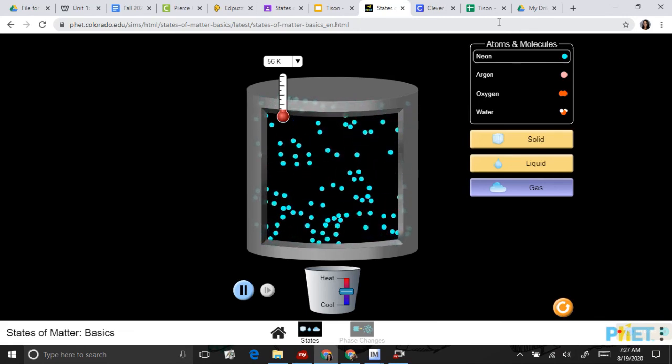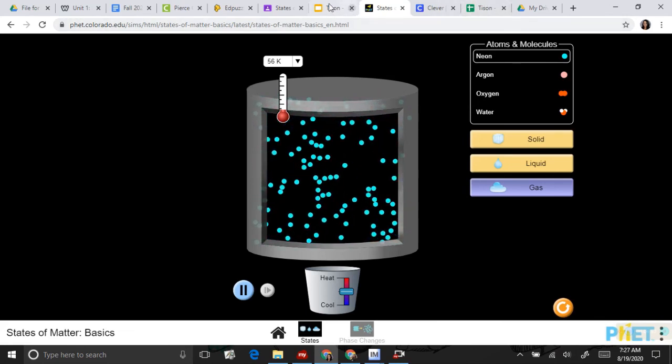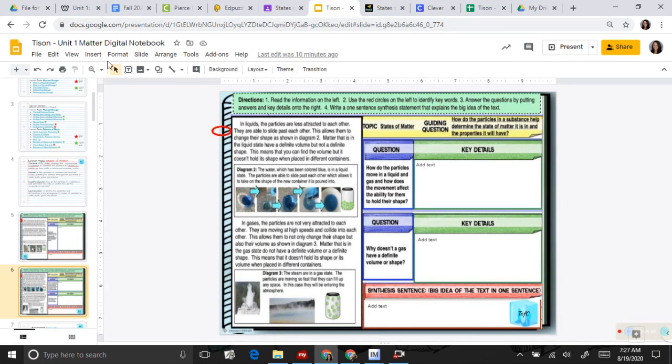All right? And when you go to your Google Drive, you will find your Unit 1 Matter Digital Notebook. Remember, we are not turning this in. This is something that you are going to edit every day, so it's going to be on your Google Drive. If you don't know where to find it, go back to our assignment from yesterday, and it'll be attached.